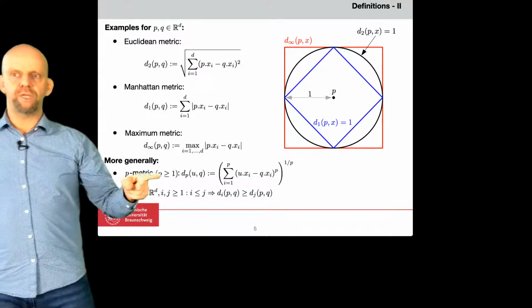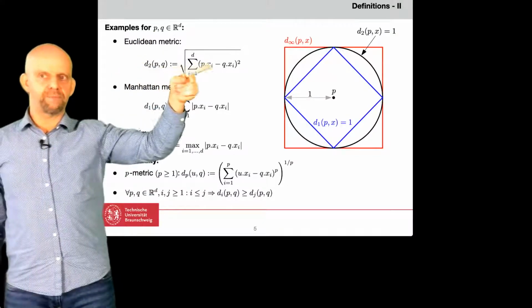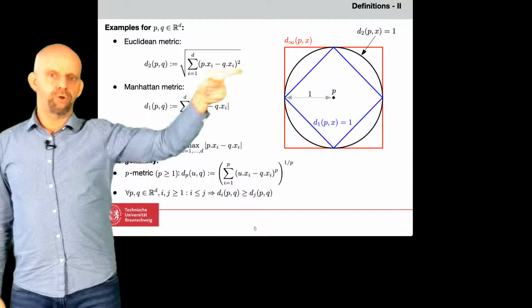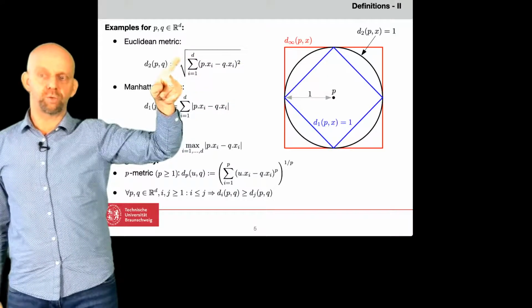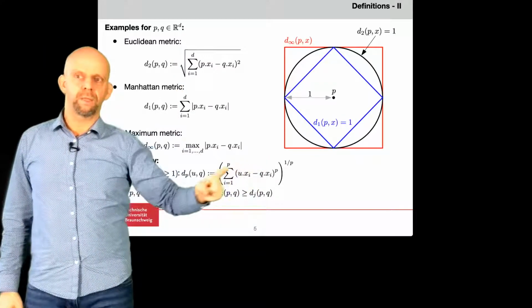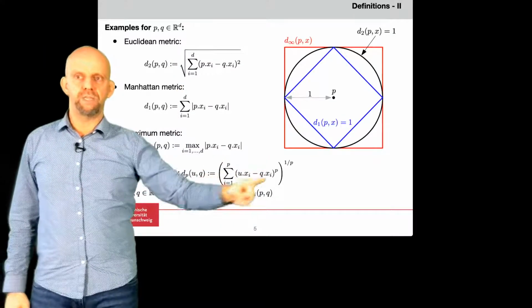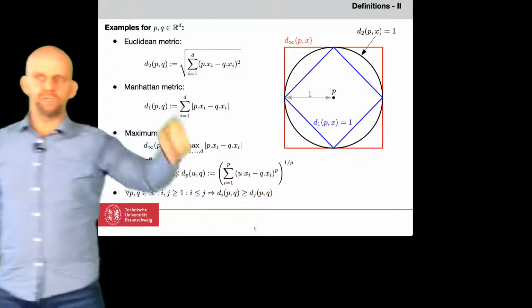For the p metric, you do something similar, except that for Euclidean distances you take an exponent of 2 and then a square root, and here instead you take the pth power and then take the pth root. So p equals 2 is that.